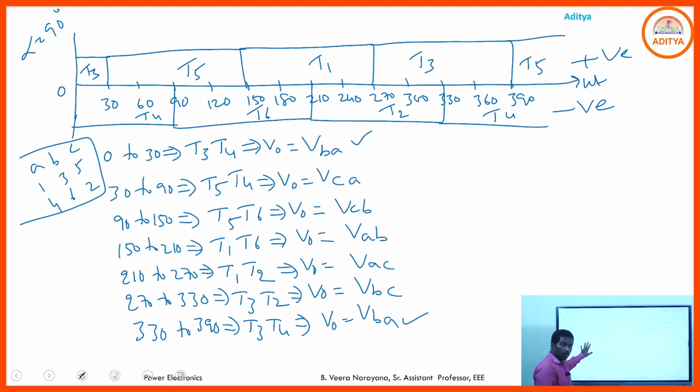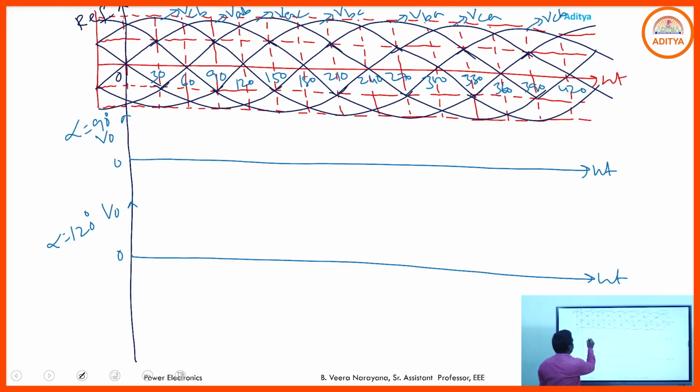So from this voltage table, you follow 0 to 30 VBA, 30 to 90 VCA, 90 to 150 VCB, like that. First we go with 0 to 30. What is the output voltage? VBA. You first mention the periods: 30, 90, 150, 210, 270, 330, 390.